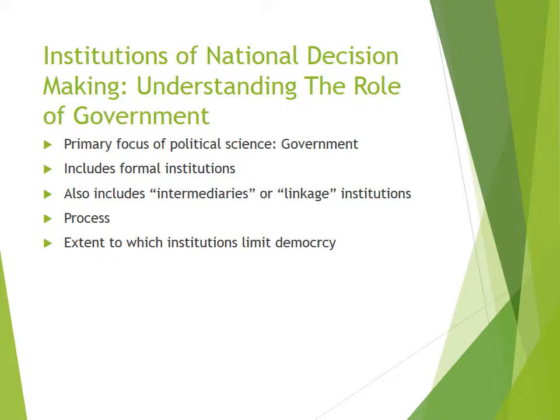For those of you who don't know, I know Americans tend to think parties are bad, but the reality is you can't really have a democracy without political parties, and that's the topic for a political parties course, not this one. So again, there's this focus on both formal and informal institutions.